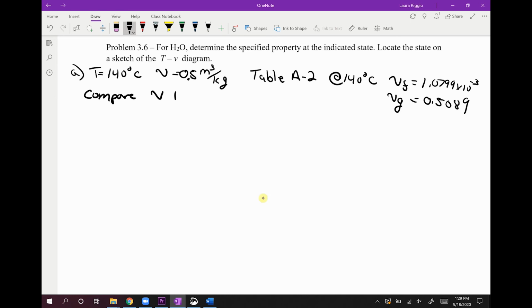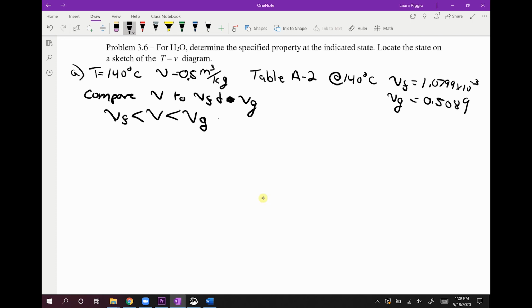And now I'm going to compare the V that I was given to VF and Vg. Well, our volume is greater than the specific volume of a saturated liquid, but it's also less than the specific volume of saturated vapor.